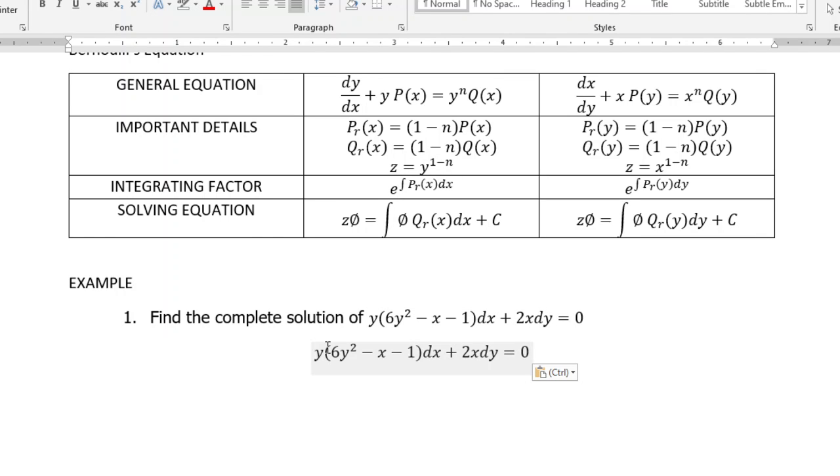So, paano natin siya gagawin in general equation? Kailangan, di ba, i-isolate natin si dy over dx or dx over dy. So, pinakamadali kasing gawin is dito mo siya i-isolate kasi pag dito mo siya in-isolate, this term, masyadong mahaba to. Okay?